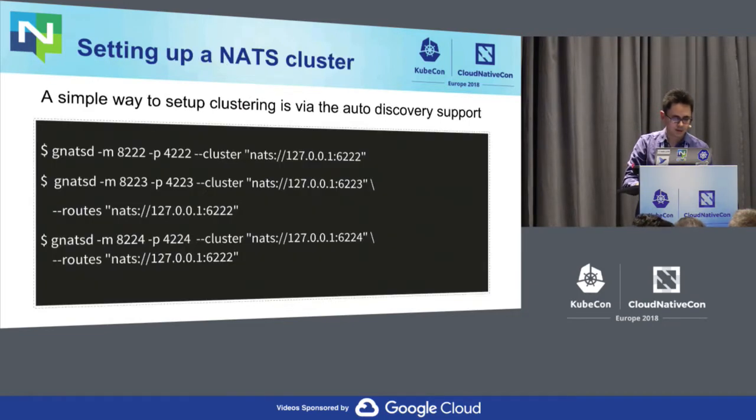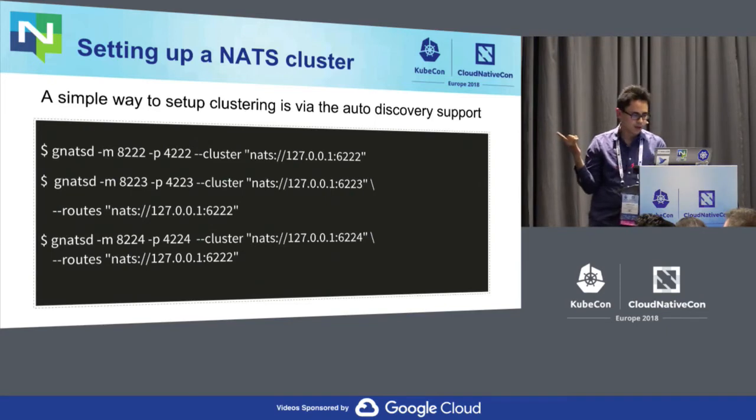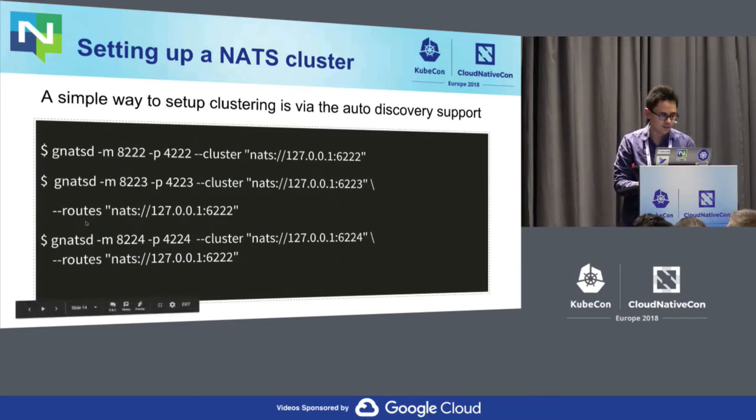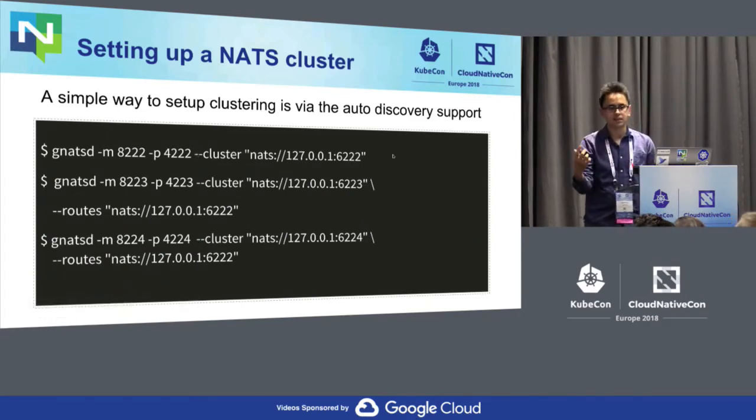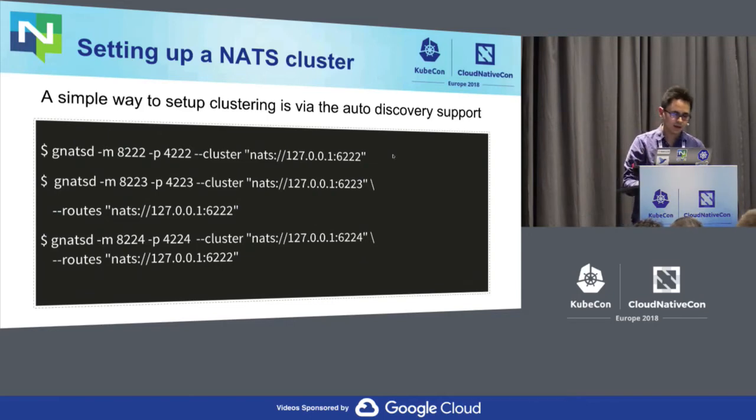Setting up the NATS cluster can be done by just using the auto discovery mechanisms. So in this case, note that the first one doesn't have the --routes parameter, so that one is going to become the seed server. Then the second one will join, and it knows that there is at least one seed server at this 6222 location.